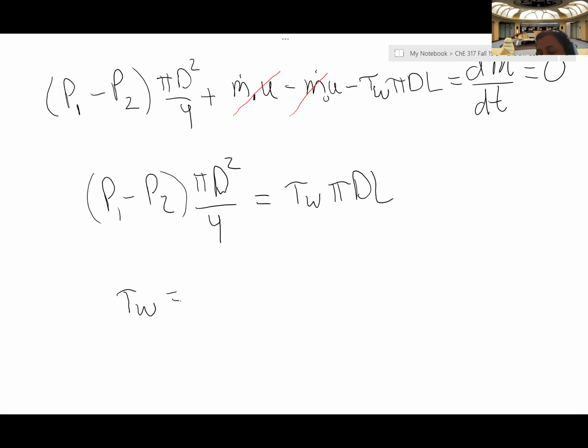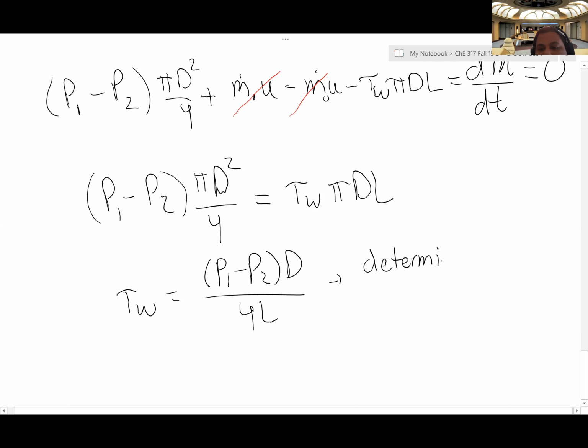And what I'm left with is pressure 1 minus pressure 2 times the diameter over 4 times L, which allows us to determine shear stress for fluid flow as a function of pressure drop.